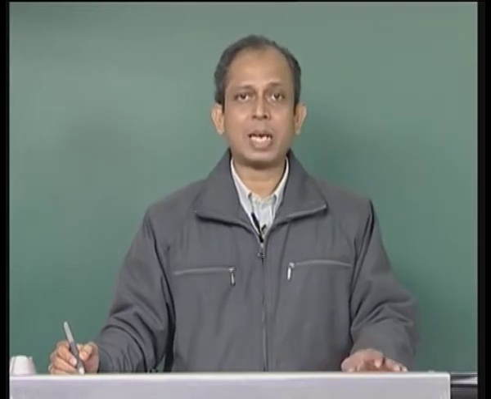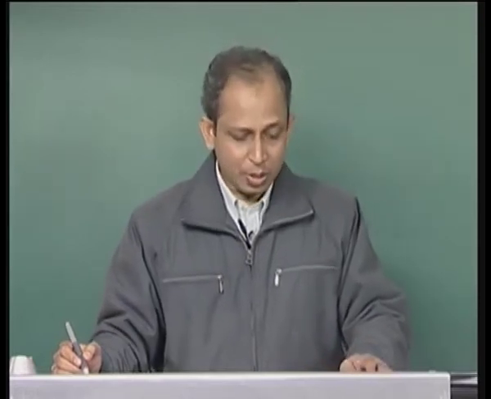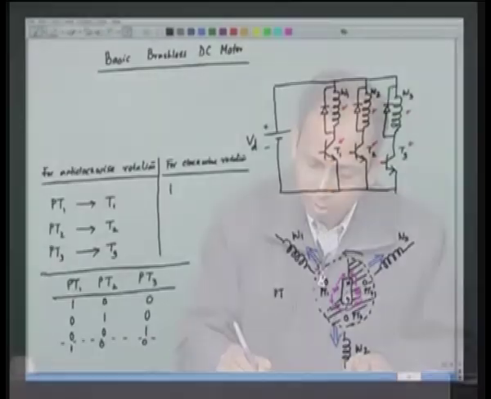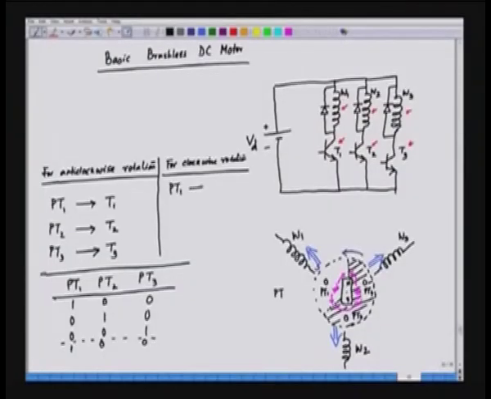Now, here we will make a little difference. The difference is this: output of PT1 is fed to transistor 3 and output of PT2 will be fed to transistor 1 and output of PT3 will be fed to transistor 2.